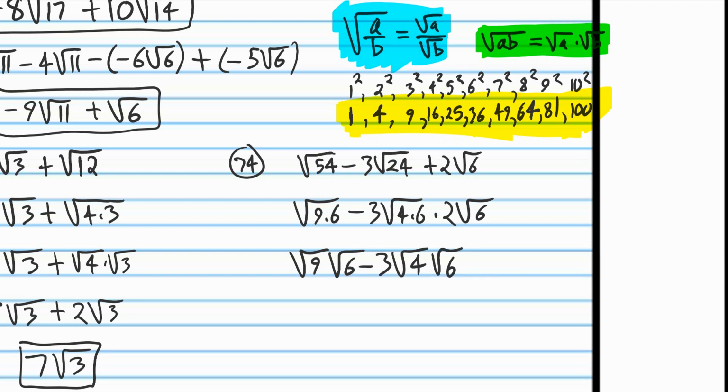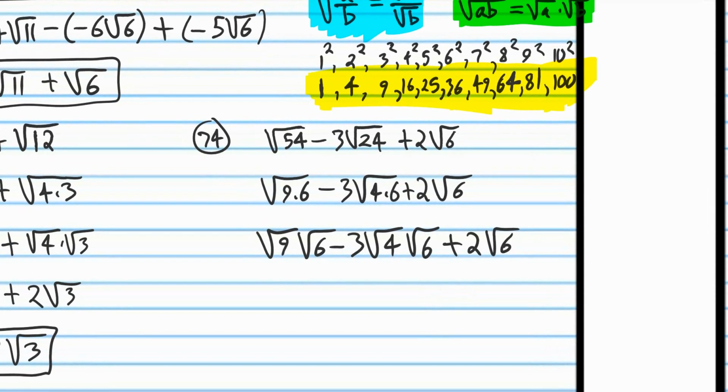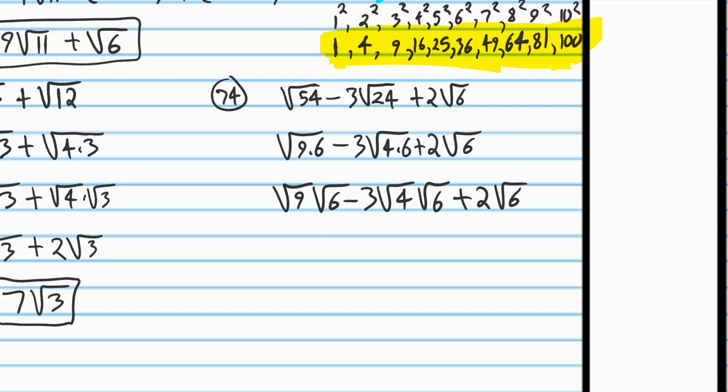Again, you don't really need dots in between the roots. I think that looks correct. So now root 9 is 3. And root 4 is 2.